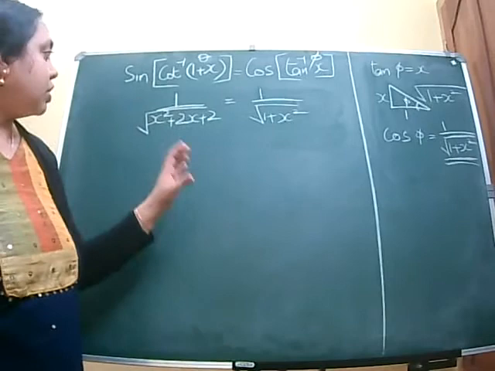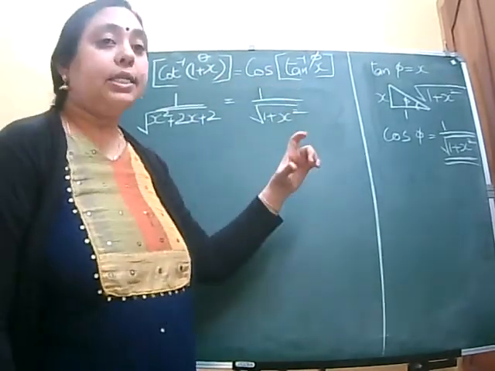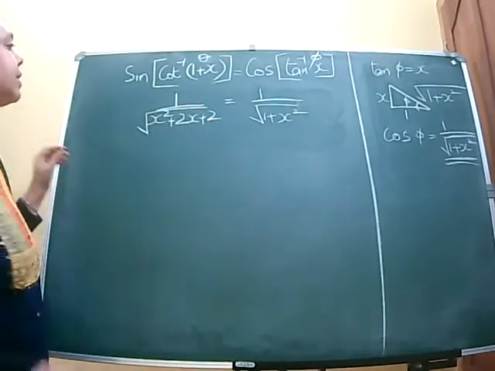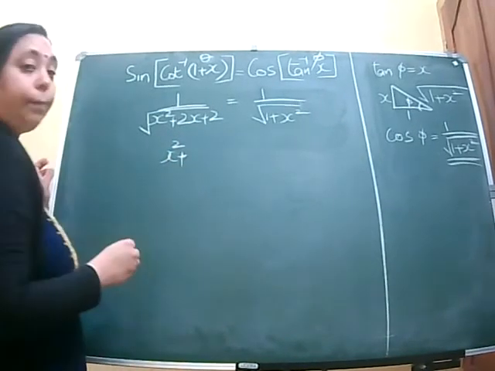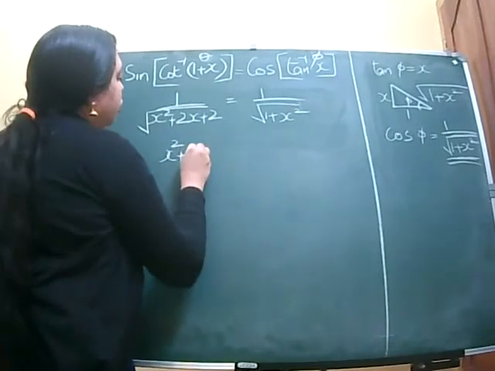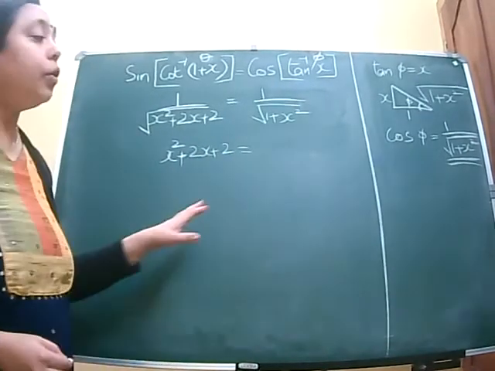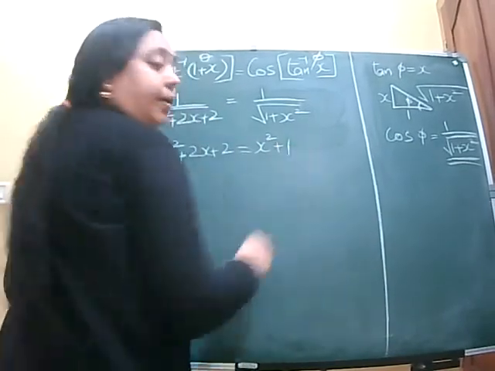First of all, we take the reciprocal and square it on both sides. Then we get x square plus 2x plus 2 is equal to x square plus 1.